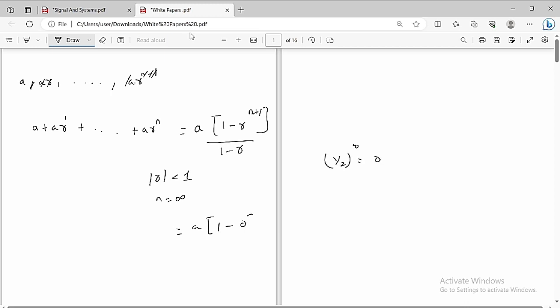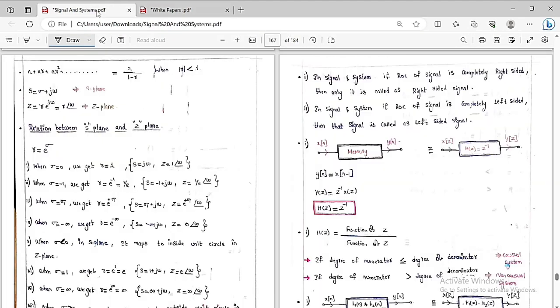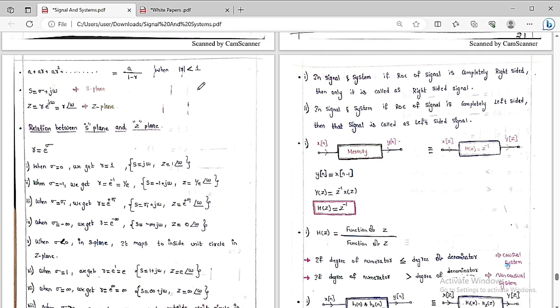So this is 0 by 1 minus R, and we are going to get A by 1 minus R. Therefore, A plus AR plus AR square to infinite number of terms is equal to A by 1 minus R. This formula holds only when the magnitude of R is less than 1.